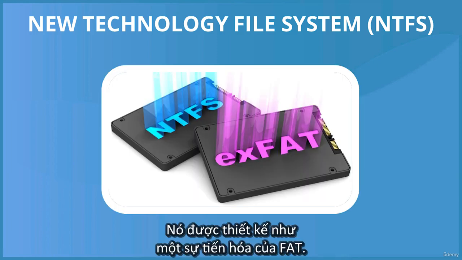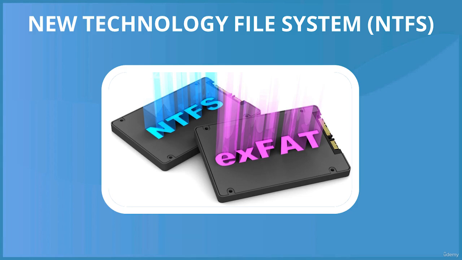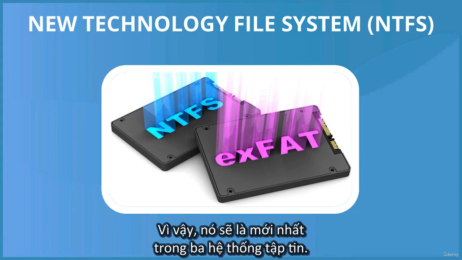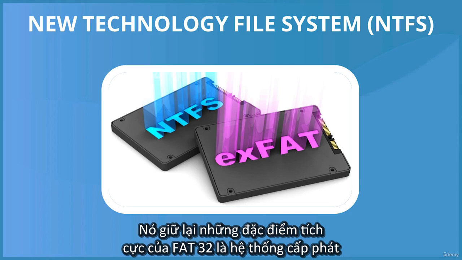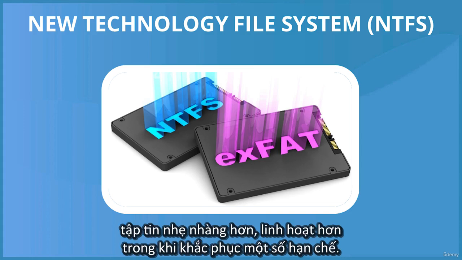So exFAT, it was designed as an evolution of FAT32, so it's going to be the newest of the three file systems. It retains the positive characteristics of FAT32, lightweight, more flexible file allocation system, while overcoming some of the limitations.